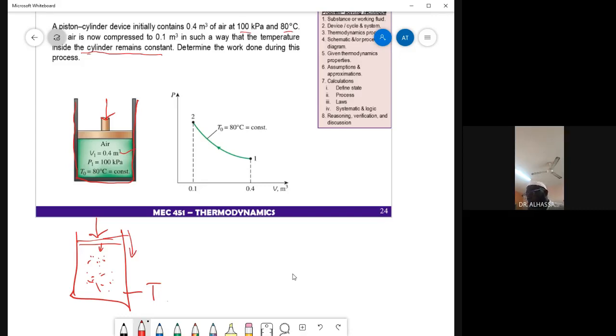Naturally, when the piston is being compressed downwards, the temperature increases because the molecular energy of the individual fluid particles also increases. But here we are told it's a constant temperature. So it means that when the piston is being compressed, the temperature remains constant because we continuously take some Q out of the system.